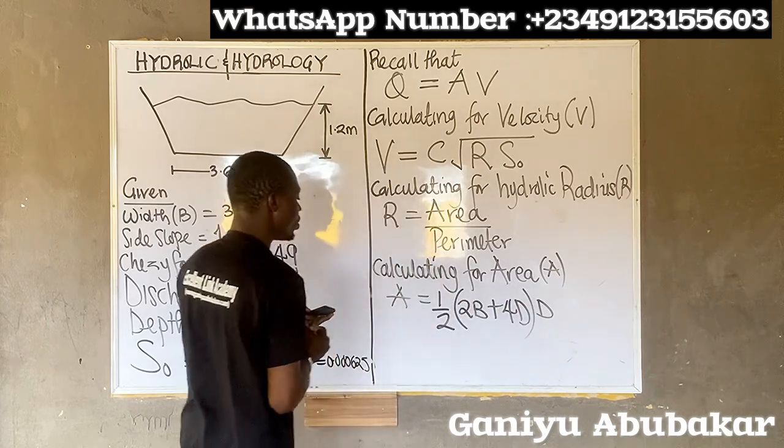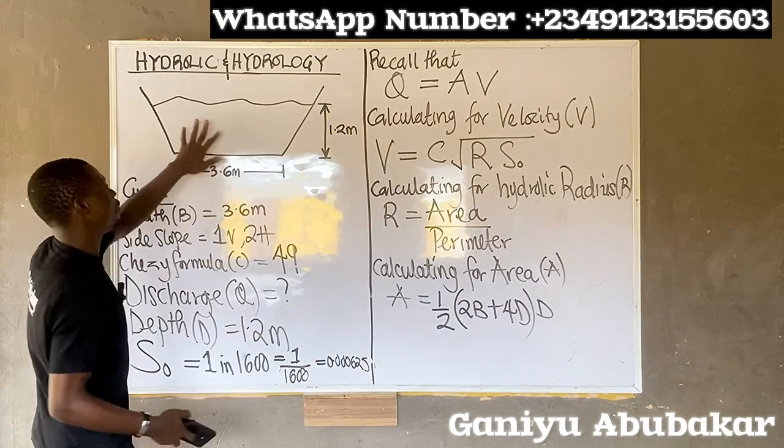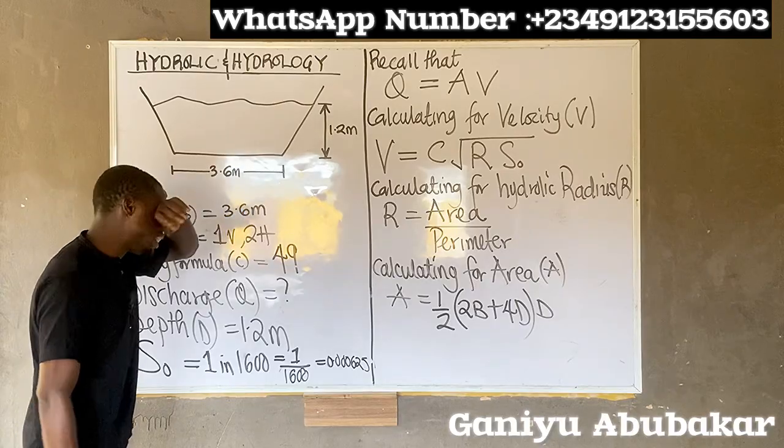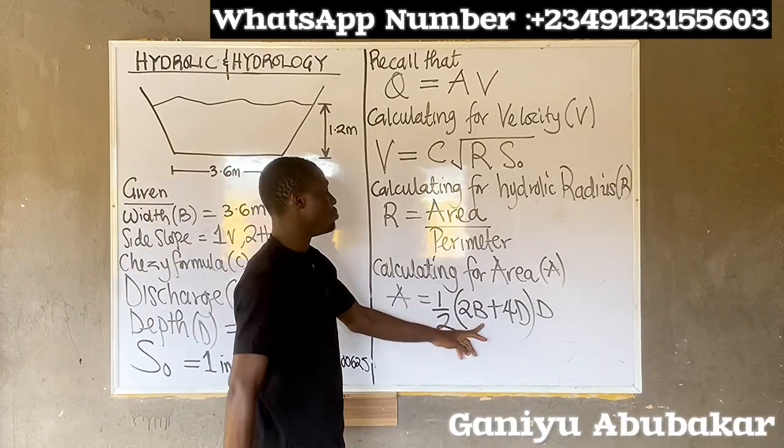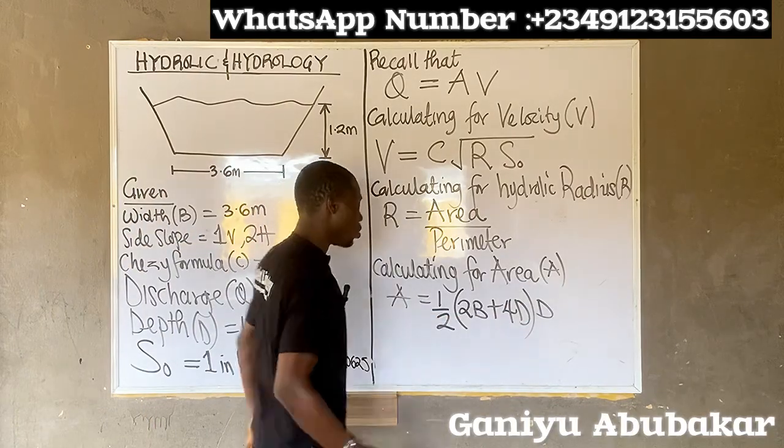All right, so this is the area. When it comes to this trapezium concept, the area there is given by half (2b plus 4d) times d.